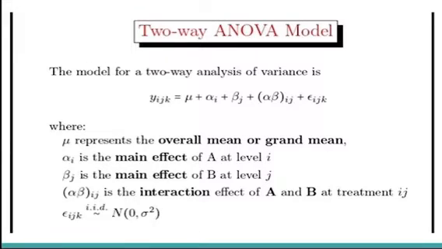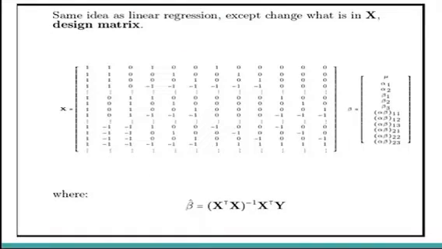Now I need you to take a look at this. Alpha 1, alpha 2, which means we're taking the degrees of freedom for the levels of factor A. That is why you see alpha 1, alpha 2. Does that make sense to you now? Now, beta 1, beta 2, and beta 3 means we're taking the degrees of freedom. Don't forget, how many levels of factor B do we have? 4.